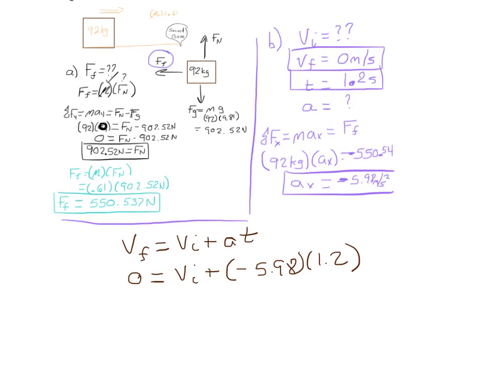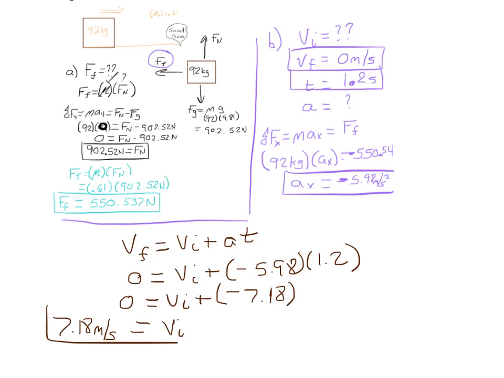So we get 0 equals v initial plus negative 7.18 meters per second. So that means our v initial is 7.18 meters per second. And we're done. So for part A we found our force of friction, and for part B we found our initial velocity.